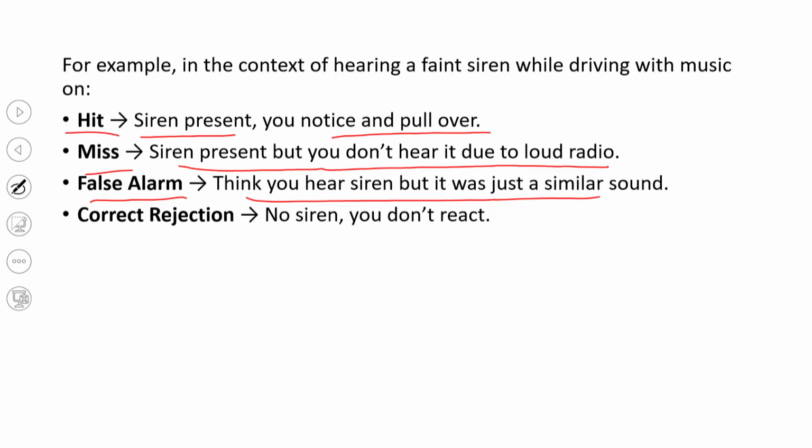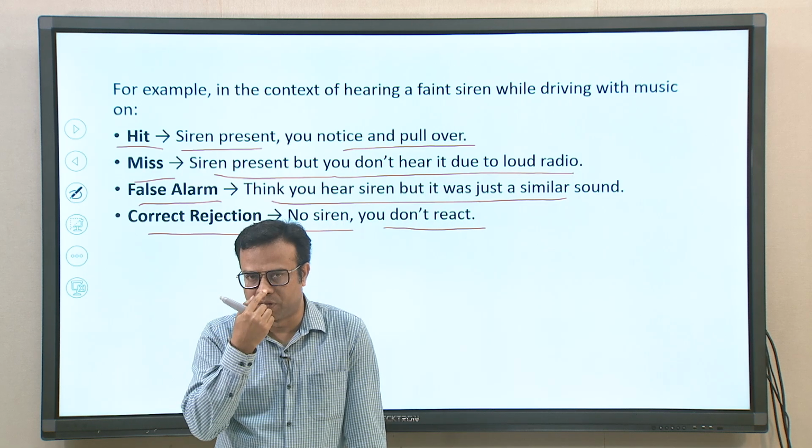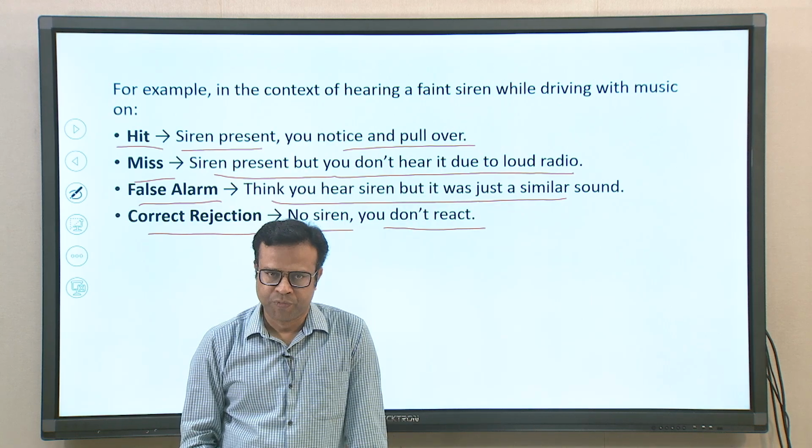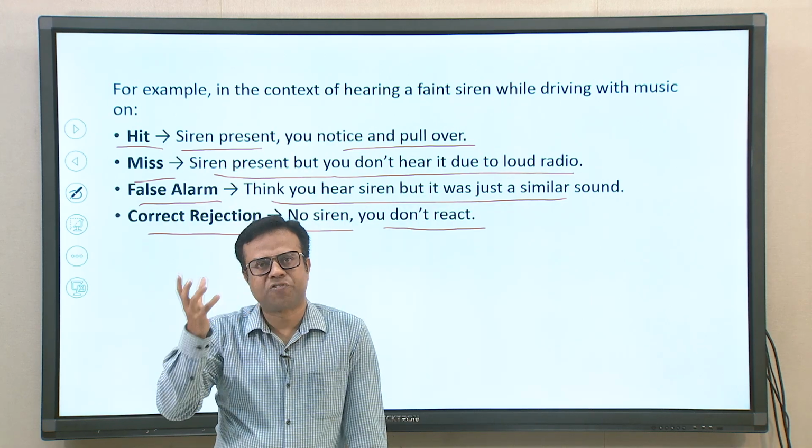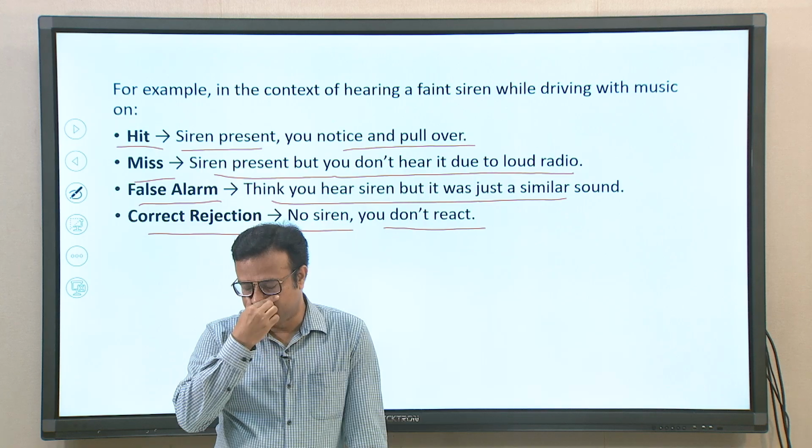A correct rejection is when there was no siren on the road and you also do not react or report it. So, these are the 4 possibilities according to the theory of signal detection.